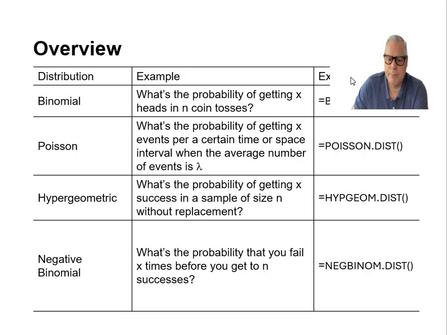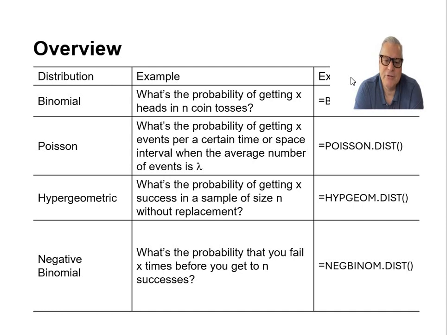Then we have the negative binomial distribution, and that answers questions such as, what's the probability that you fail X times before you get to N successes? Let's say we take a look at a basketball player, and we know the player has a free throw percentage of 50%.